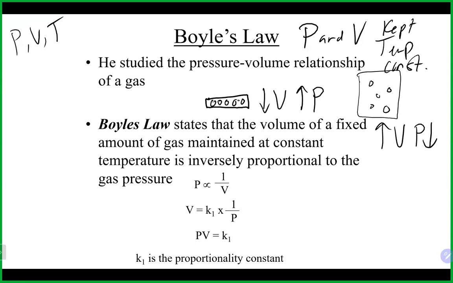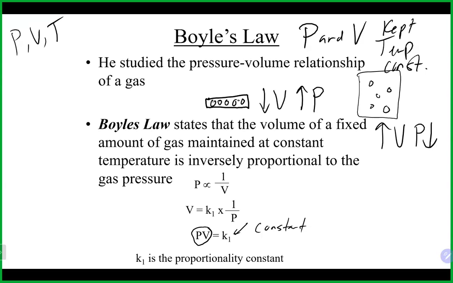Another thing that Boyle found was that if you took a gas and kept the temperature constant and did a bunch of different pressure and volume measurements that go together, no matter what measurements you look at, if you take the pressure times the volume, it will always hit a constant value. So if you take a bunch of pressure and volume measurements for the same gas under constant temperature, and you multiply the pressure and volume numbers that go together, you'll always hit a constant value.